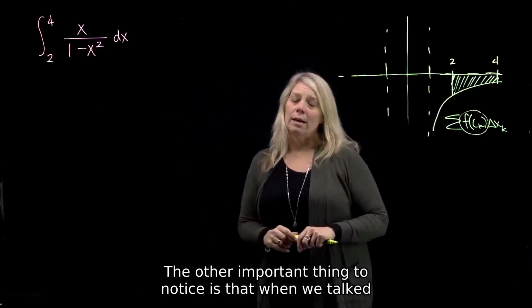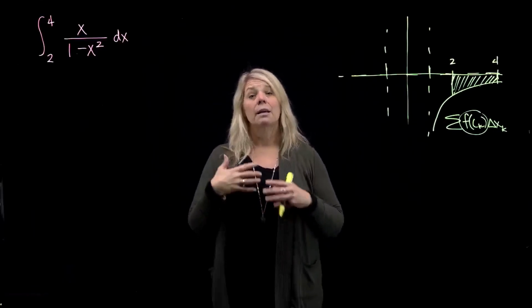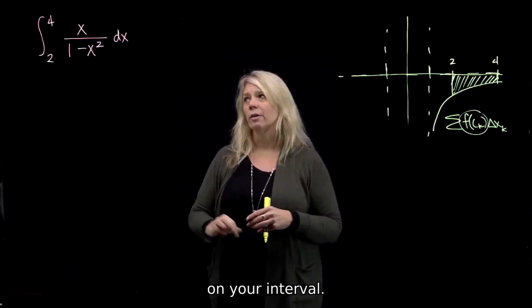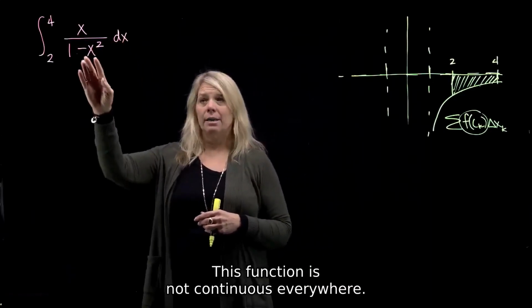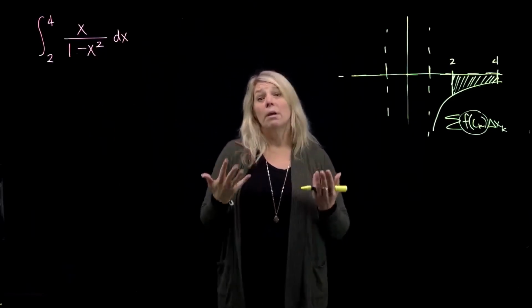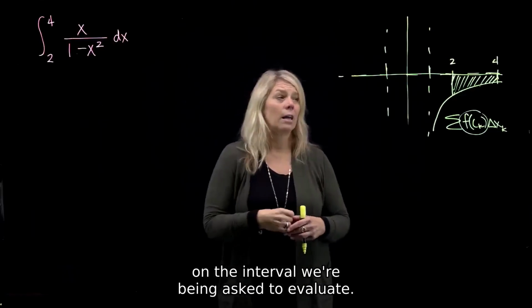The other important thing to notice is that the fundamental theorem of calculus only works if your function is continuous on your interval. This function is not continuous everywhere. It has discontinuities at x equals 1 and -1. But thankfully, it is continuous on the interval we're being asked to evaluate.